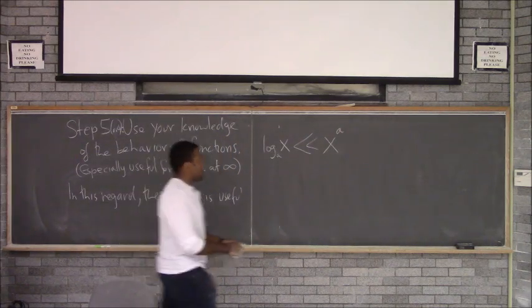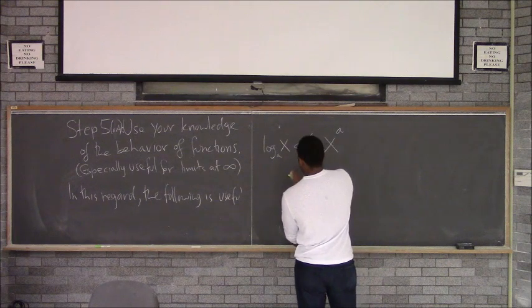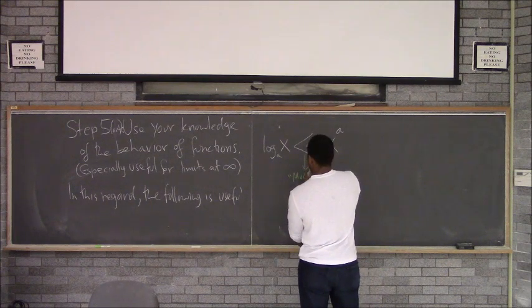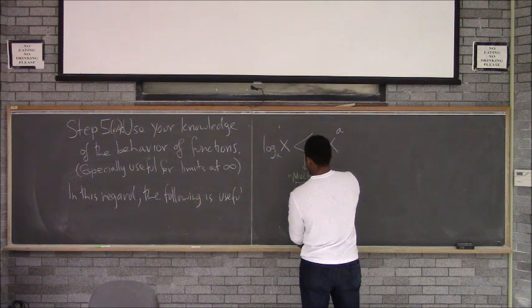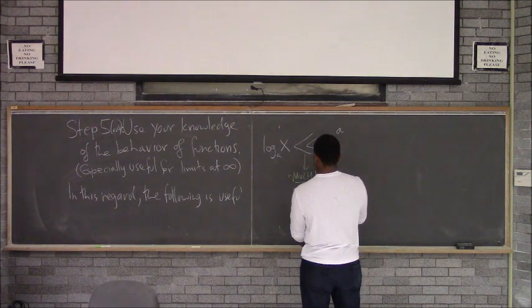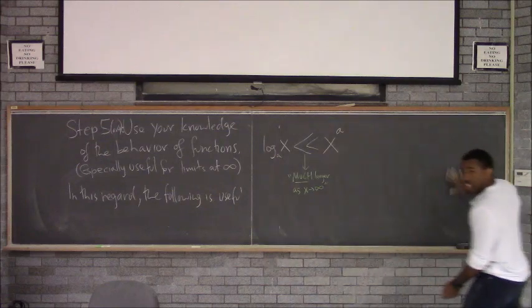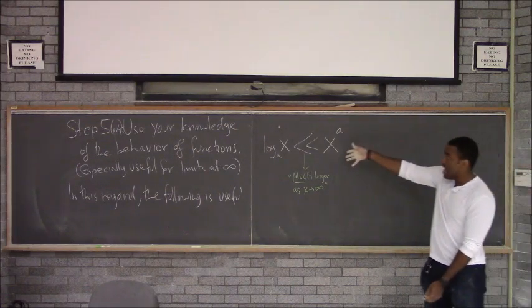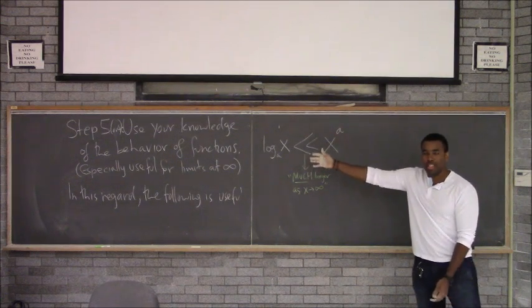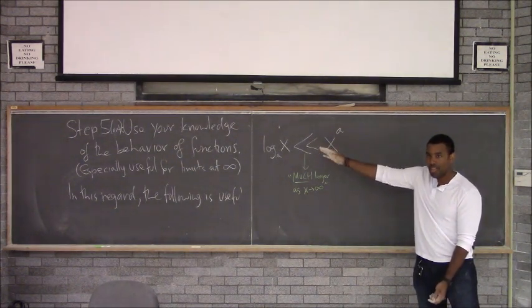So what this symbol means here is much larger as x approaches infinity. So the kind of relationship that 2 to the x has with x squared would be the same as x squared has with log to the base 2 of x, or with any logarithm actually.